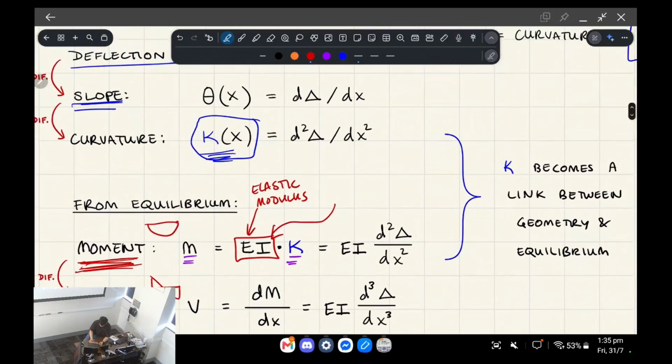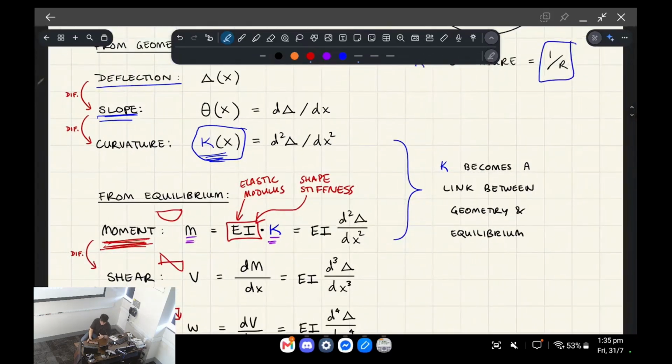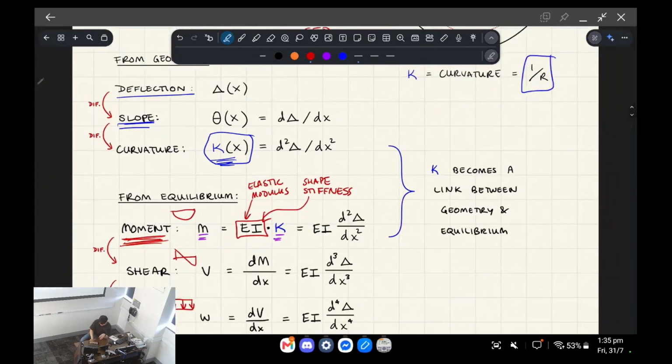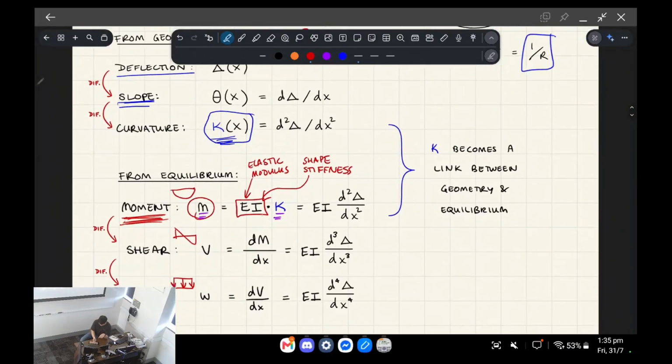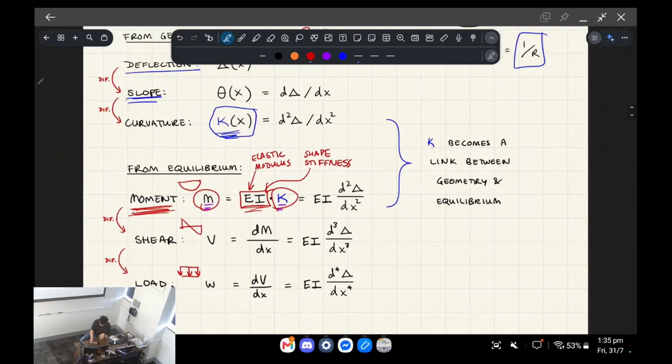And then you have moment of inertia, which is your shape stiffness, specifically in bending. These two stiffness quantities are multiplied together, and that gives you your flexural stiffness. So M is related to kappa through EI. Curvature ends up being the link between geometry and equilibrium.